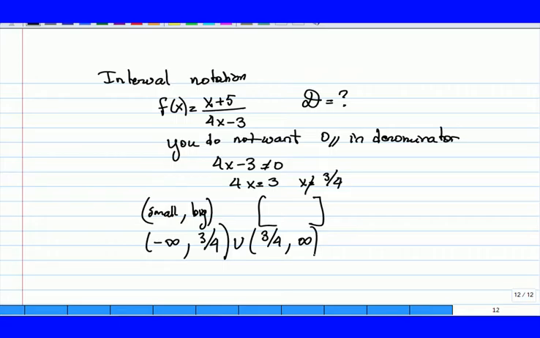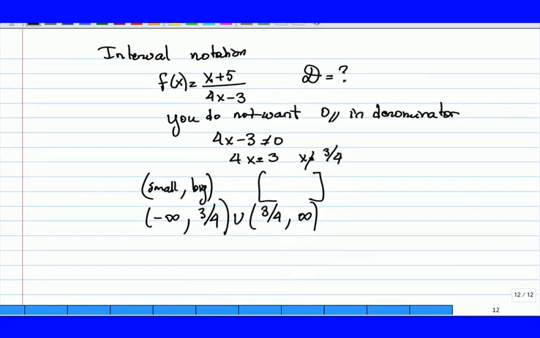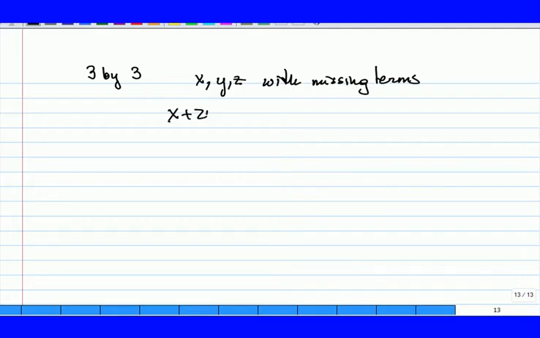The other thing that I was telling the class, I asked about simultaneous equations with an x, y, and z with missing terms. What that means is, like, let's say I have x plus 2y plus z equals 5.